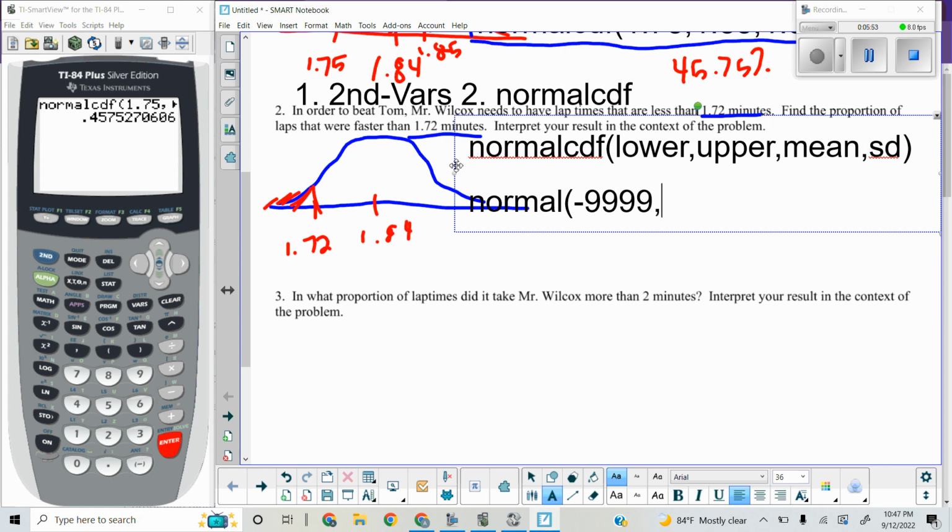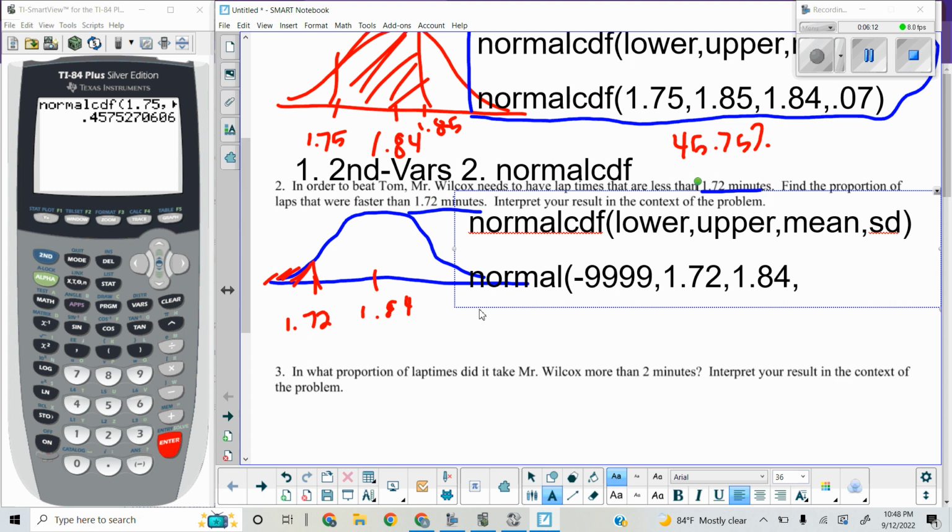That'll help us get to the most accurate number. And then our upper bound is that 1.72. And then our mean is still that 1.84. And our standard deviation is still that 0.07.